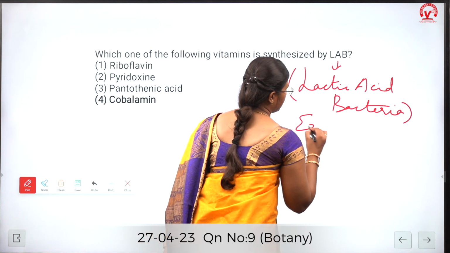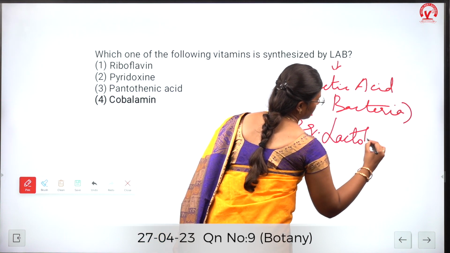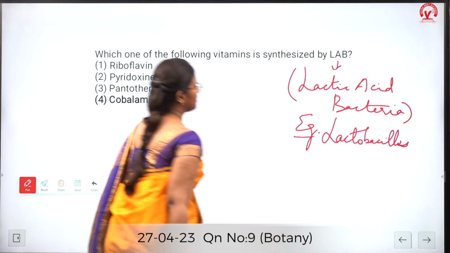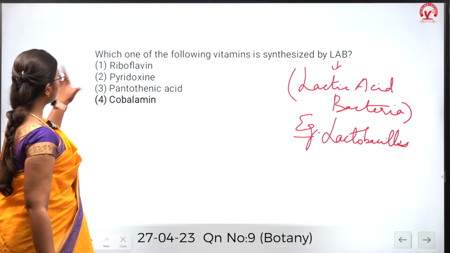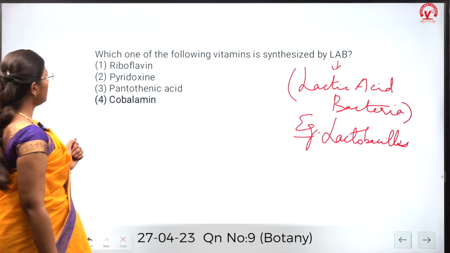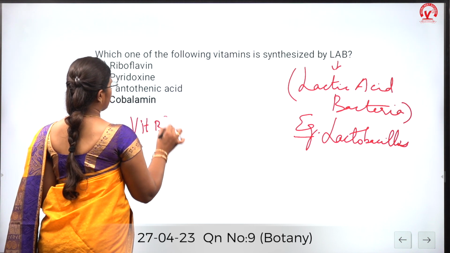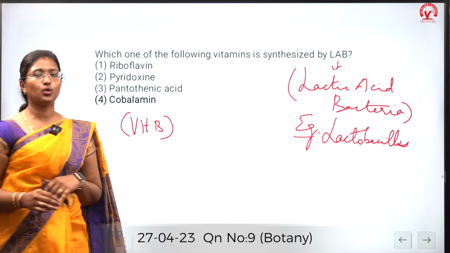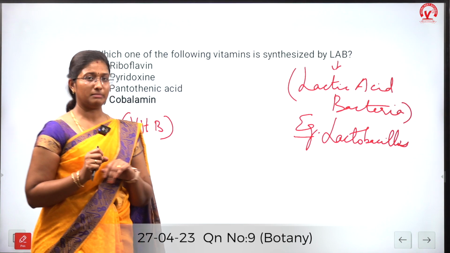An example would be Lactobacillus, isn't it? So here they have given 4 vitamins which are all from vitamin B, and in the process where milk is converted into curd, what we do initially, we introduce a small amount of curd into the milk, isn't it?